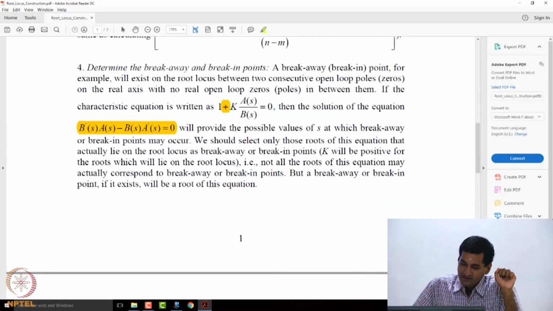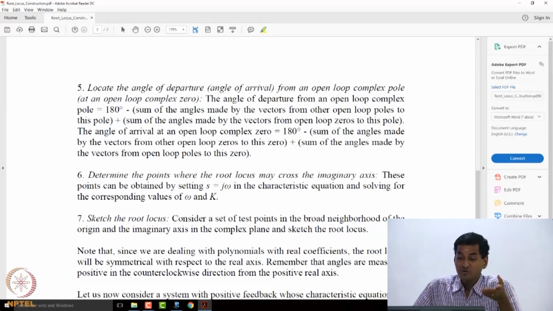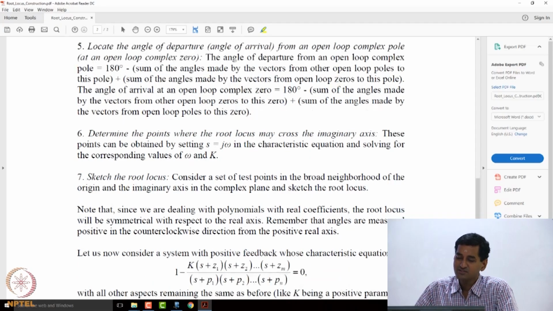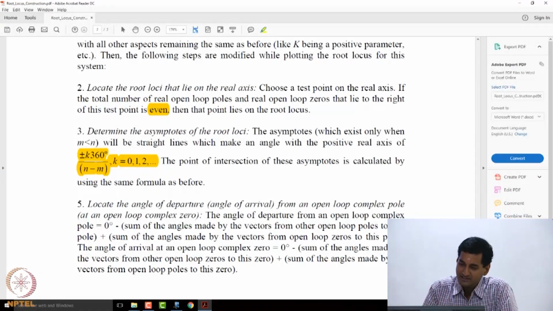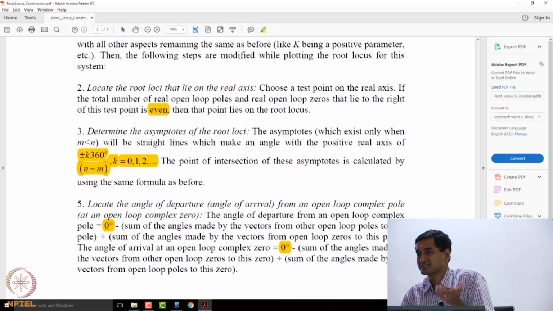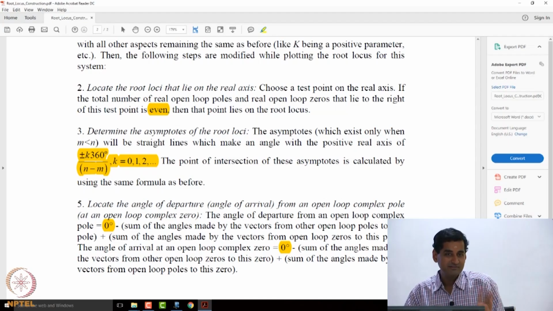Now step 5, does it change? Obviously it does, because that depends on the angle condition. The angle of departure and angle of arrival uses the angle condition. So instead of 180 degrees, the formula becomes 0 degrees or 360 degrees. It doesn't matter whether you put 0 degrees or plus or minus 360 degrees, it should be an even multiple of pi.